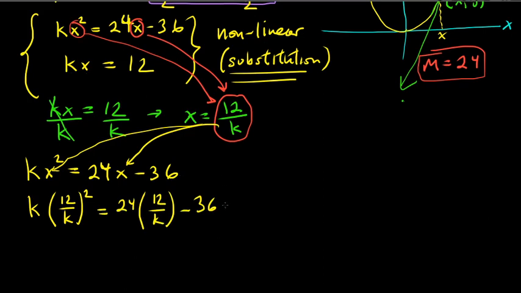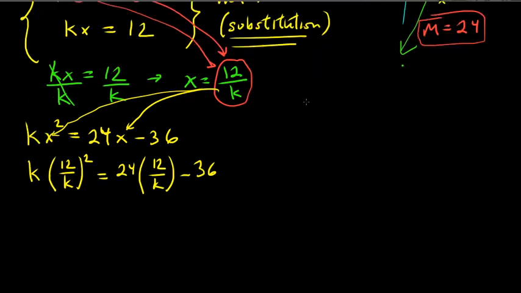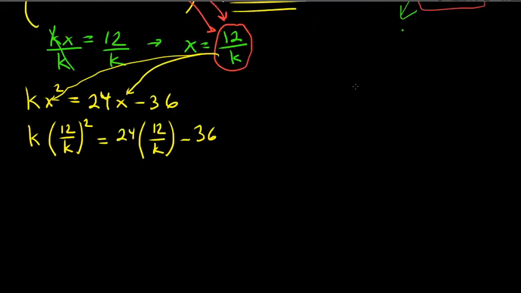There's no x here, so it's just negative 36. So we solve that equation, and I think we get 144 over k is equal to 24 times 12, which is 288 over k. Sorry, not equals, minus 36.